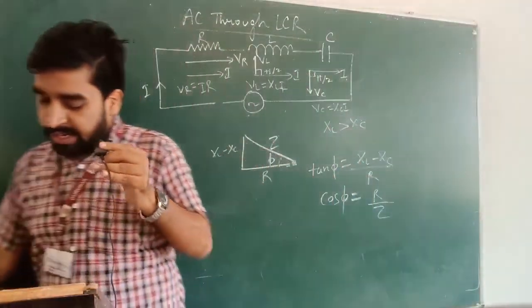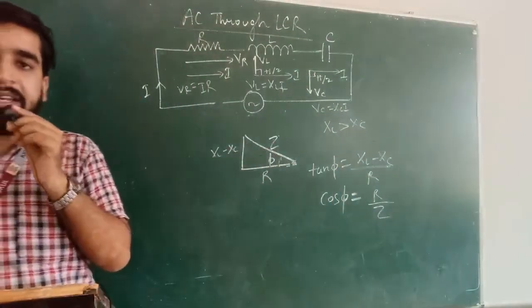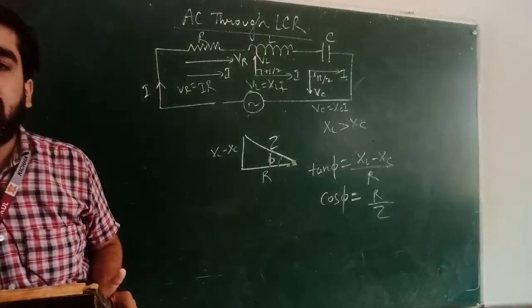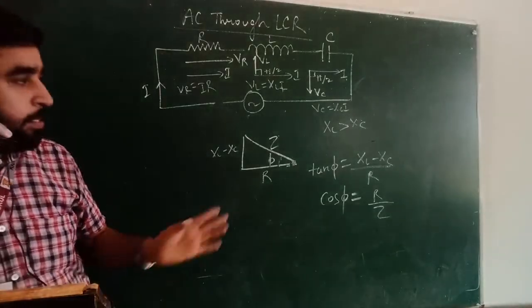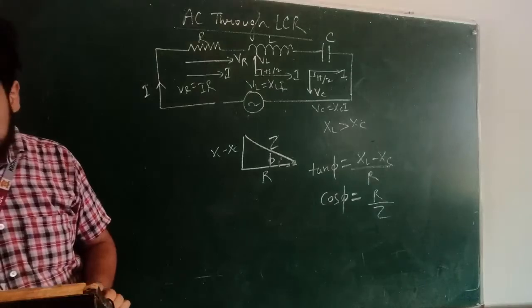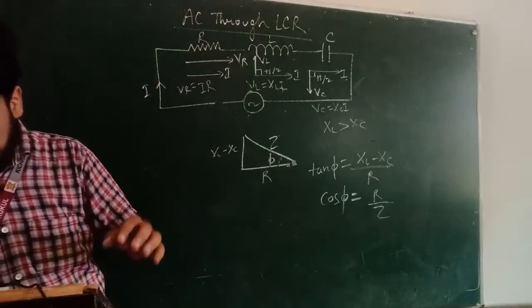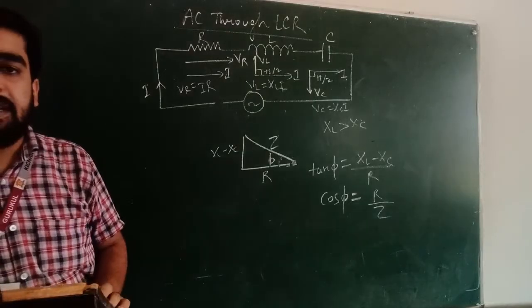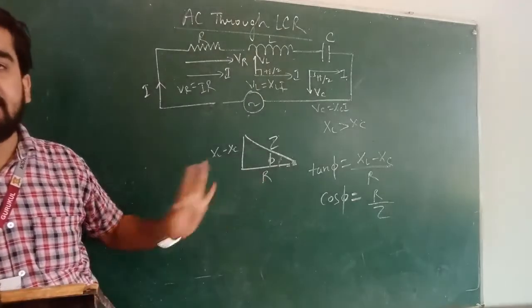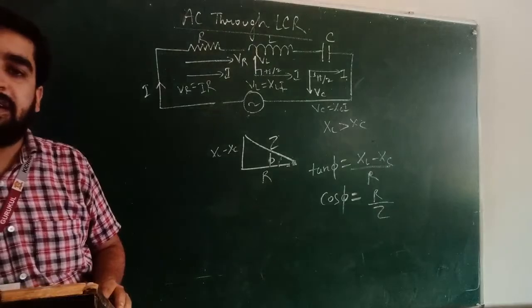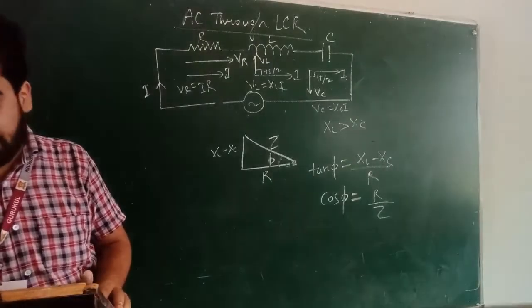In a similar way, we can find out the special cases. This we have taken if XL is greater than XC. Now the circuit will be said to be an inductive circuit, because as you can see, XL is dominating, XL is having the maximum value.